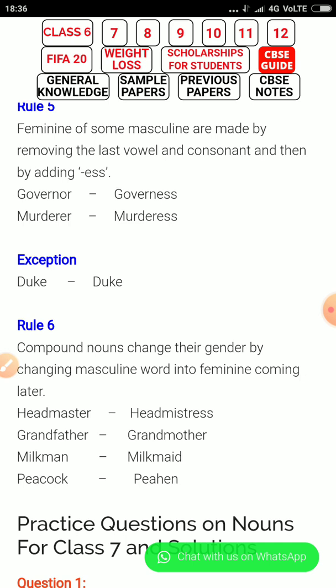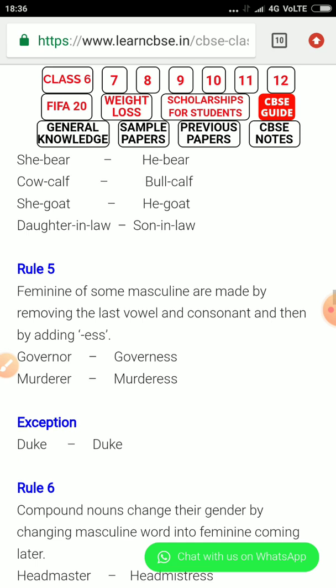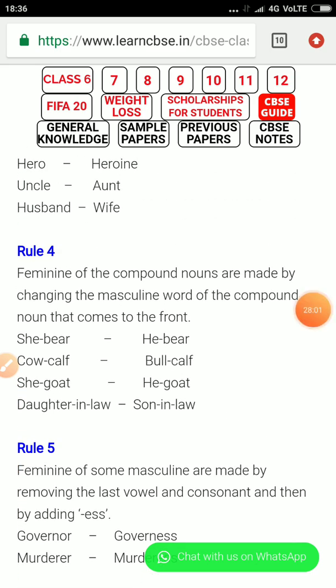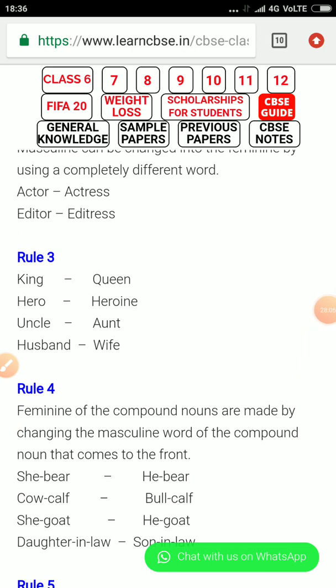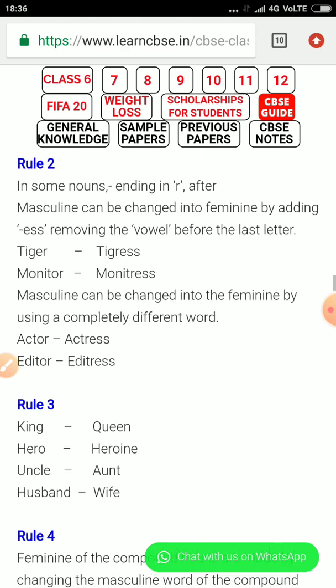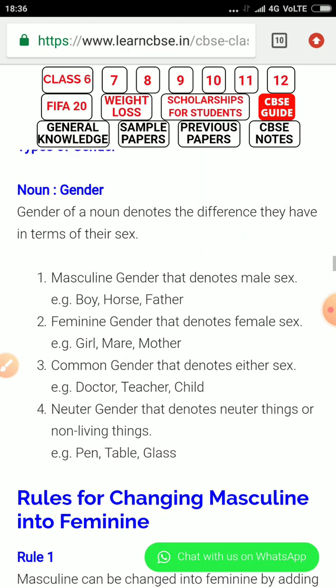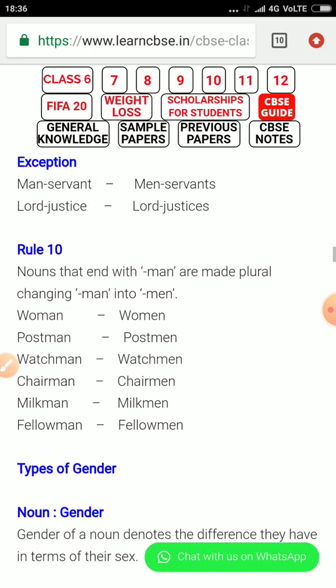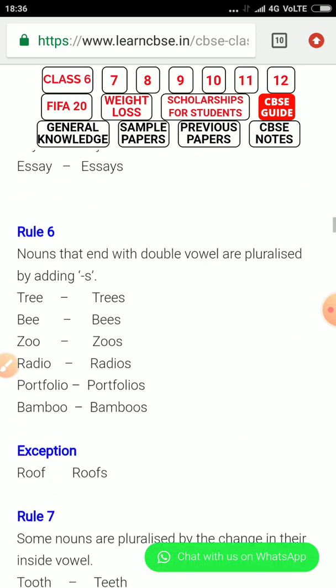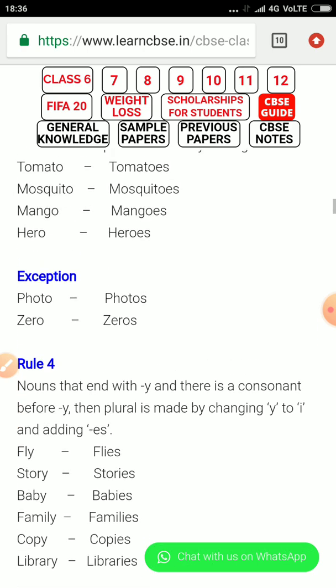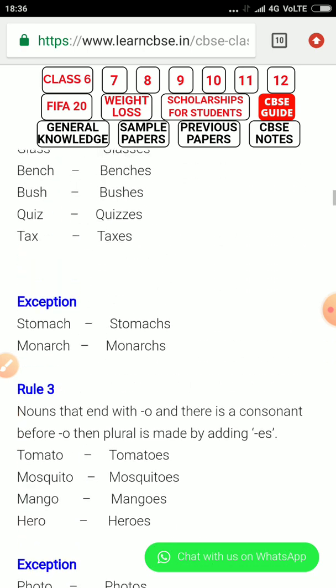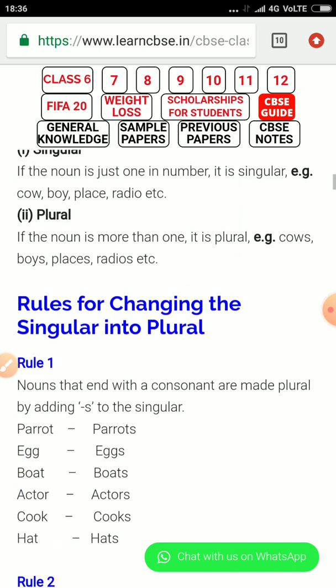This is an exhaustive explanation about noun and types of noun, and hopefully it is truly fruitful and effective for all my class 7 students.